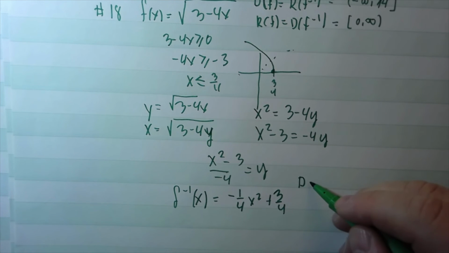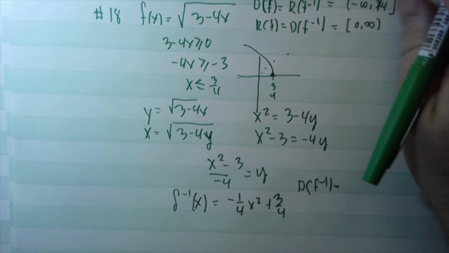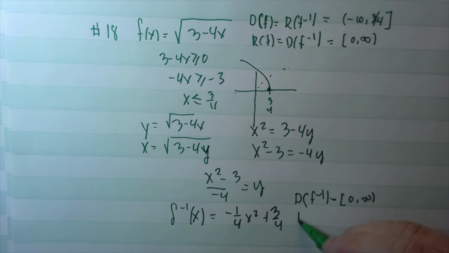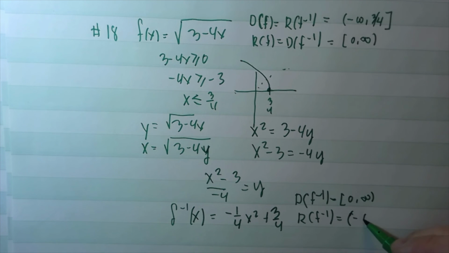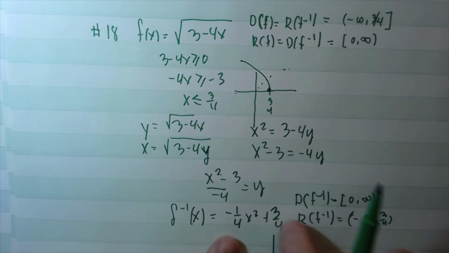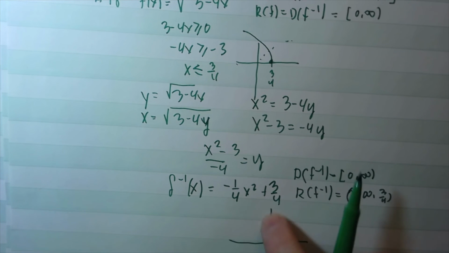So this thing is going to have a domain, like we said up here, of 0 to infinity. Alright, and then it's going to have a range of -infinity to 3/4, because if we want to graph what this thing looks like, this -1/4 flips it around the axis, and then that moves it up.